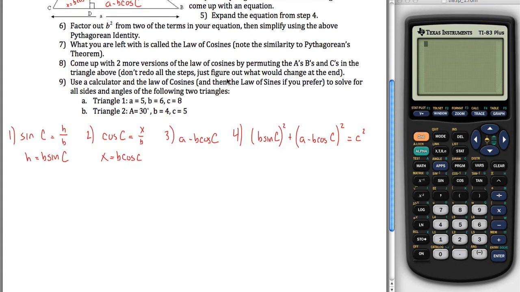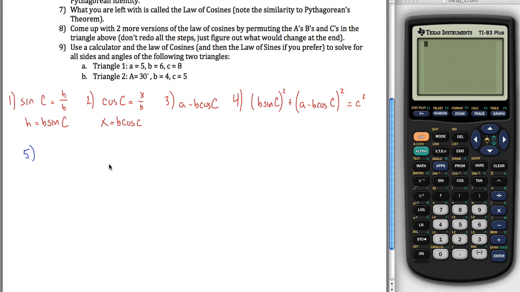And then number 5 says expand this thing. So I can do that. So basically what number 5 is saying is square all this stuff. This first one, I could write as b squared times sine of c squared, which we write like this, sine squared of c.